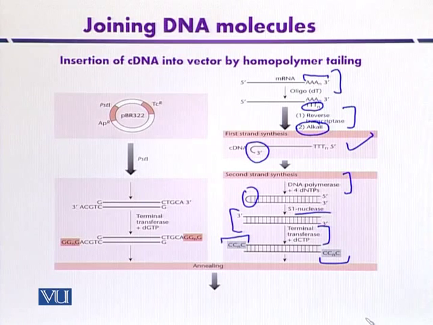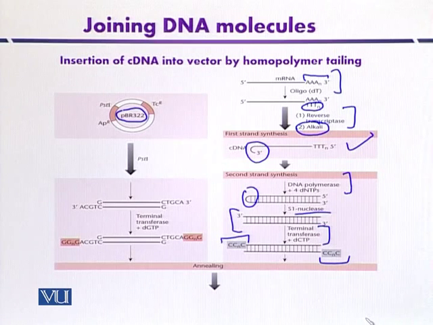On the other hand, the vector DNA can also be used to form homopolymer tails. So here the example is a plasmid which is called pBR322. It is a very good example of the plasmid vector that is frequently used in gene manipulation procedures.